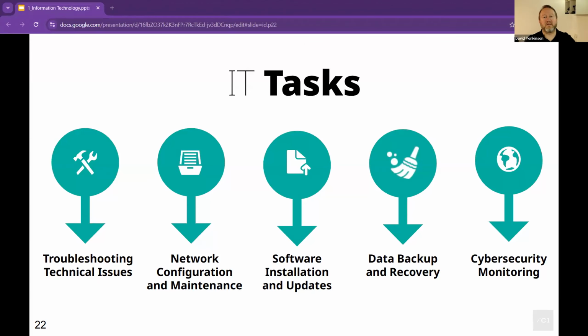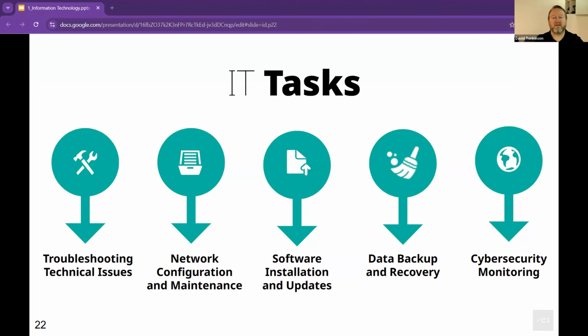Network configuration and maintenance. This is where you end up designing networks, creating the settings, dealing with firewalls and routers, dealing with those types of configurations to allow traffic through, and more importantly, to stop traffic. It's all about denying everything and then allowing just the pieces that you want to come through.